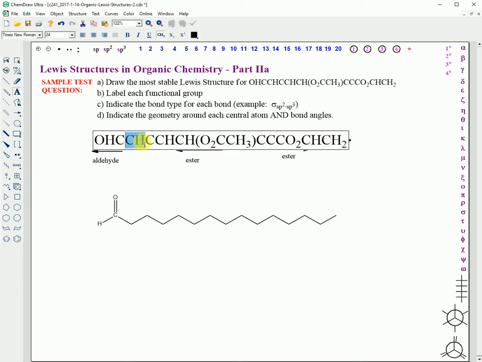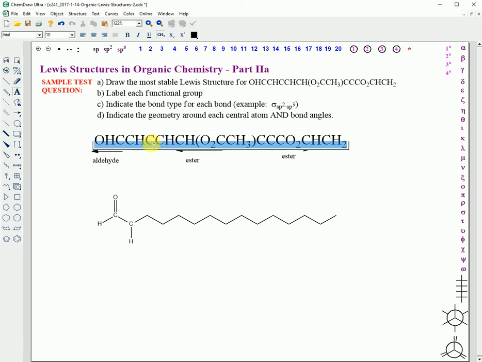Next carbon in has 1 bond to H. My computer thinks it is smart and fills in octets for me, even though I have not asked it to.